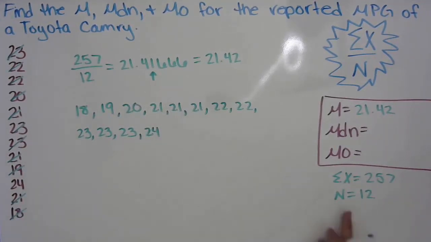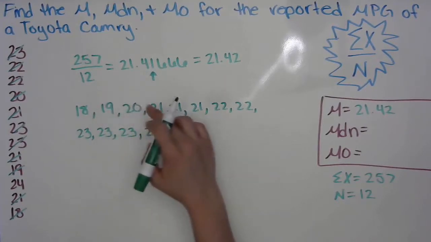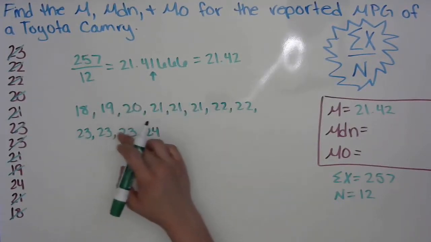And we should double check that. So our n value is 12. We have 1, 2, 3, 4, 5, 6, 7, 8, 9, 10, 11, and 12.